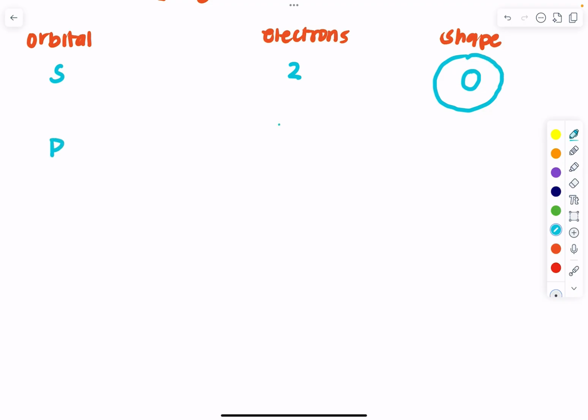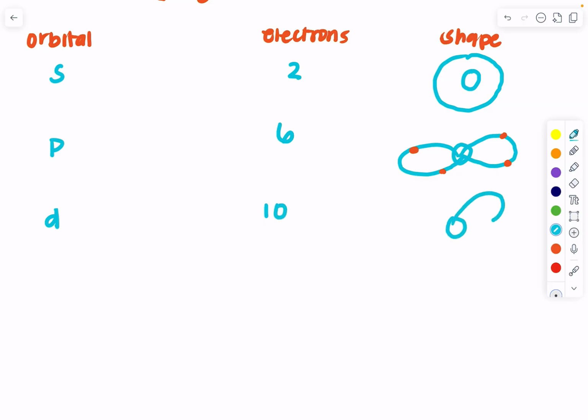The p orbital can hold 6 electrons. When that path around the nucleus occurs, we have sort of like an infinity sign or a bow tie. So these electrons will follow this specific path. The d orbital can hold 10 around the nucleus. It looks like a 4-leaf clover or a butterfly of sorts.